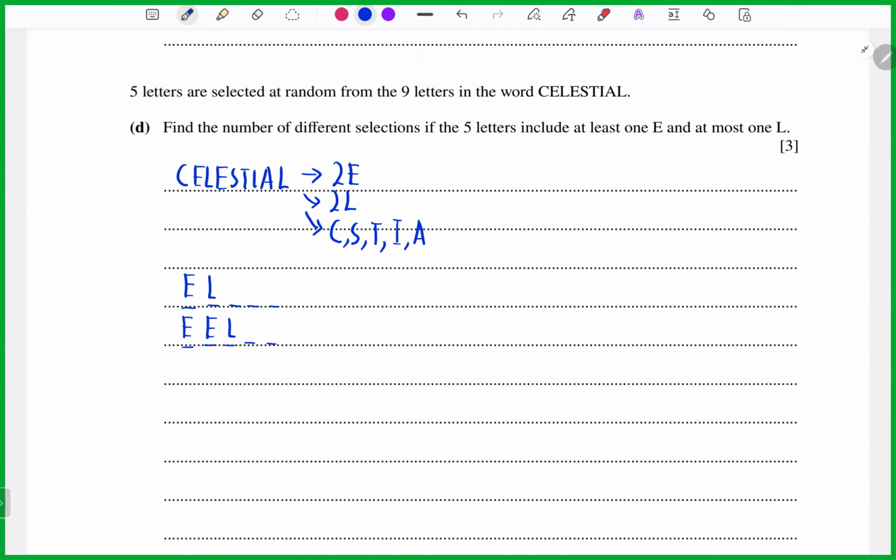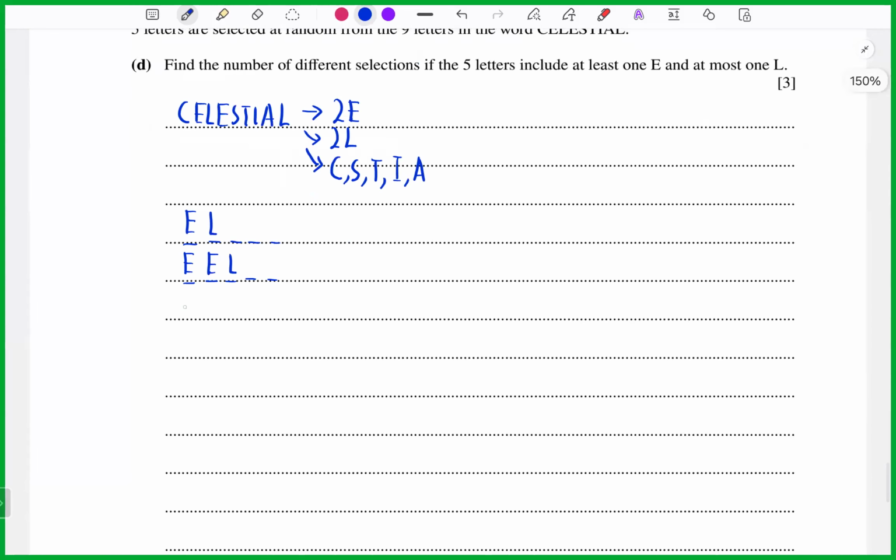So we can consider 2 cases here. Okay, and at most 1 L. It means we can consider no L. So E for and then E. Okay, no L. Because you can see at most 1 L. So sometimes we don't need to consider the L here.